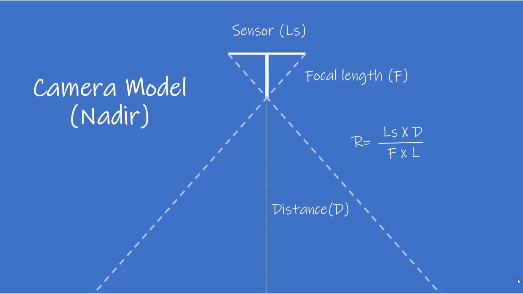So by changing any of these items, including the sensor size, the focal length, or the distance to the target, we will change the resolution. Additionally, cameras with higher pixel counts will have a different resolution when all things are equal than cameras with lower pixel counts. So the pixel count also affects this resolution.